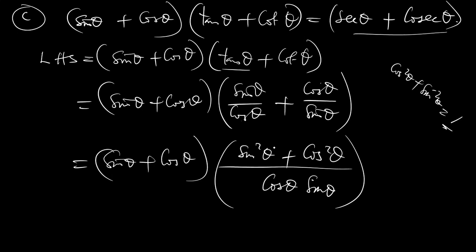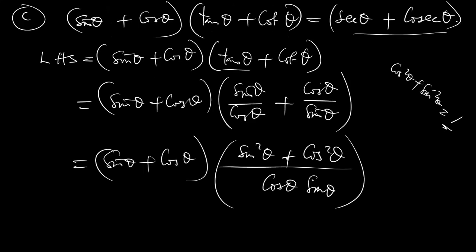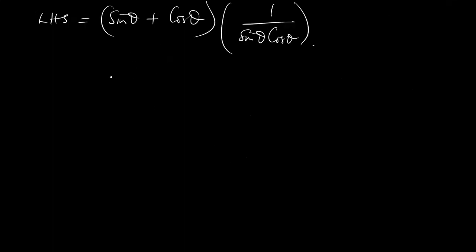So that means we replace this with 1. So now we have the left hand side equal to sin theta plus cos theta into 1 all over sin theta cos theta, since sin square theta plus cos square theta is equal to 1. So this is what we'll get now.